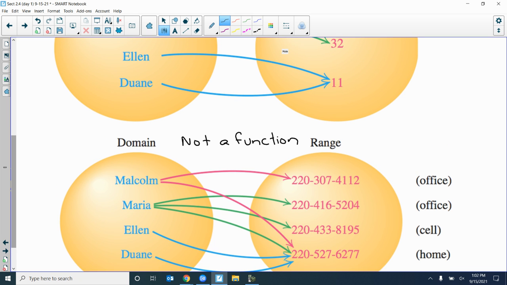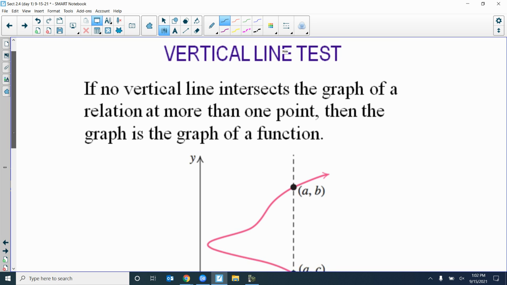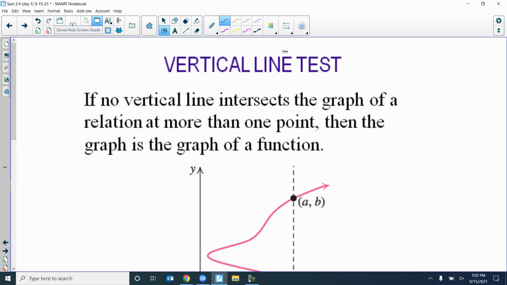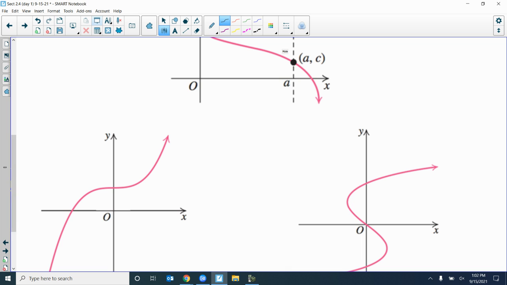Graphically, it's pretty easy to tell whether something's a function. You've learned this for a while. You've got the vertical line test. If a vertical line hits it twice, it's not a function. If the vertical line hits it one time at all points, then it is. So if you take a look at that next one there to the right, this one is a function.